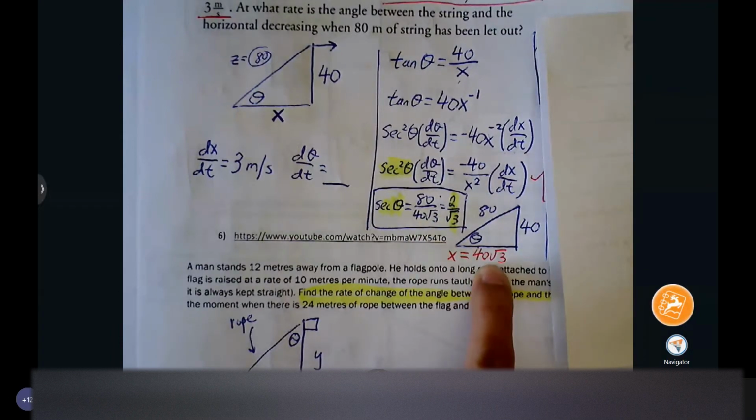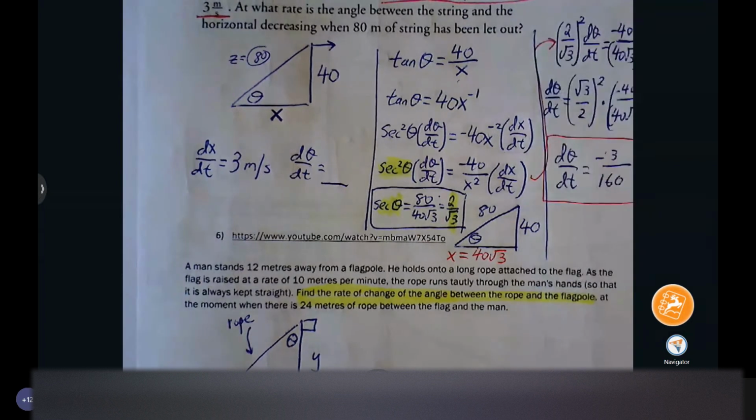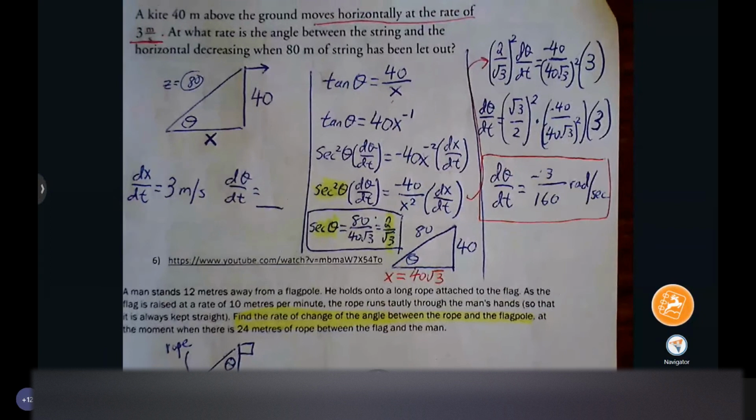But I just wrote it as 40 root 3. Okay, once I have that, then I should be in the clear. Everything I need is now found. The only variable missing is now d theta dt.